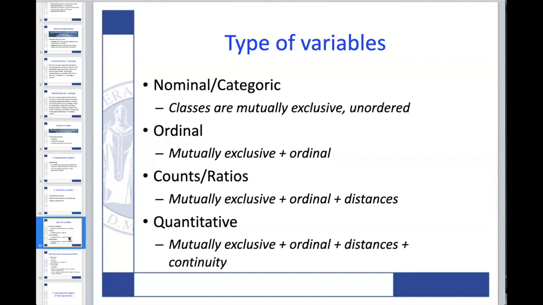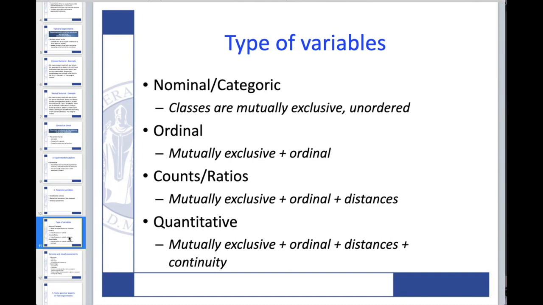They are mutually exclusive. There is no order. There is no distance between classes. We just know that one subject either is in one class or it is in the other one, but it cannot be in both classes because they are mutually exclusive. This is the important trait, nothing else.